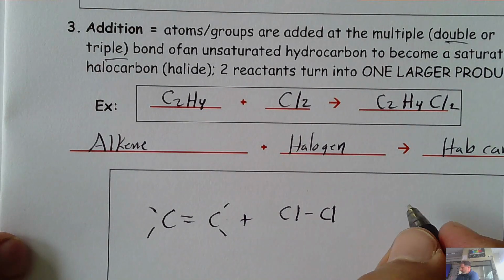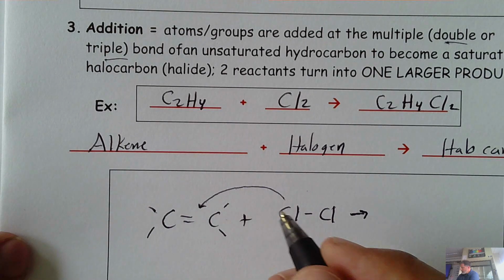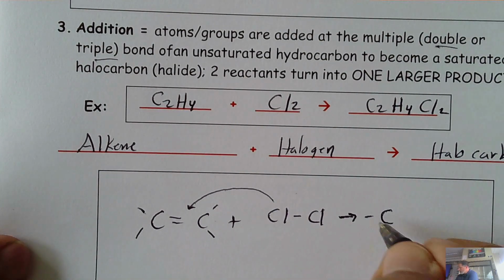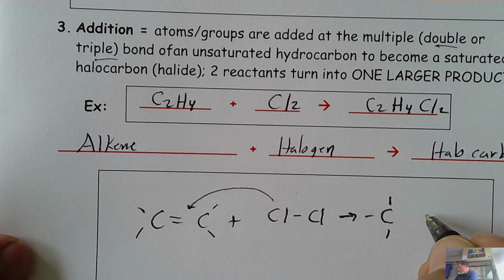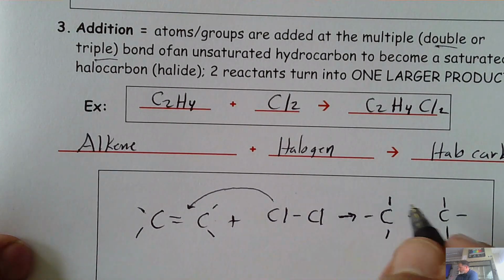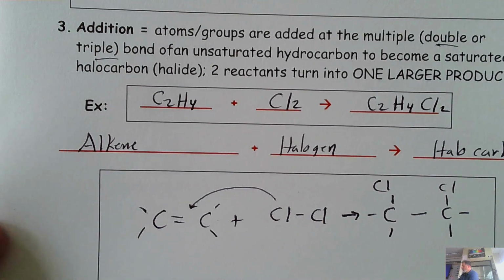Chlorine is a reactive gas, so it will attack that double bond, freeing that double bond. And so all the hydrogens are there, but now instead of a double bond, a chlorine is attached to each end of that.